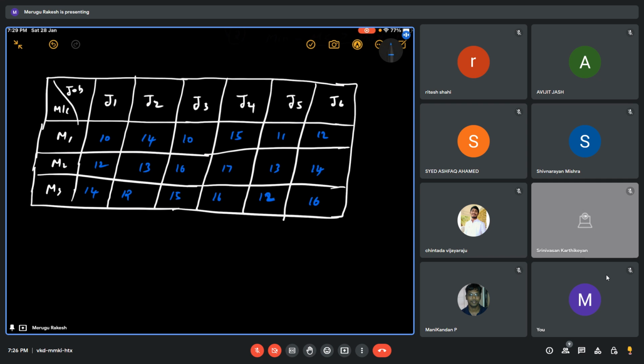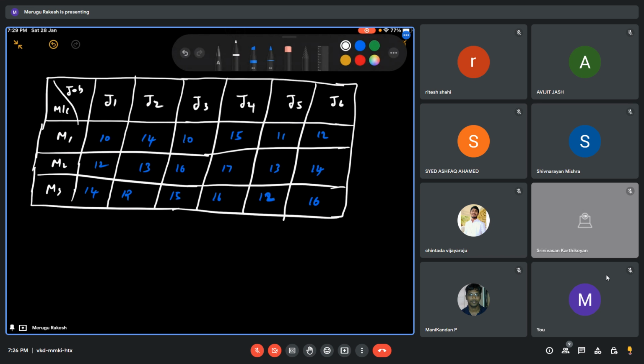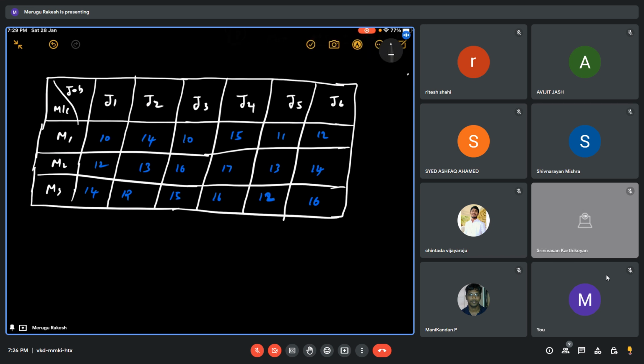So all 3 machines are converted into machine A and machine B. Machine A is nothing but machine 1 plus machine 2, and machine B is nothing but machine 2 plus machine 3. We will just add these values. That's it, nothing else.